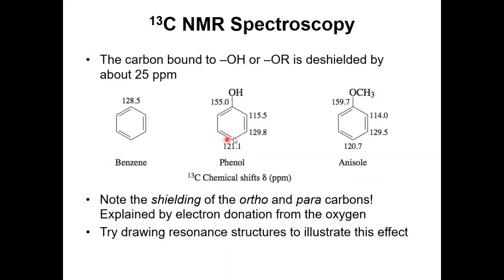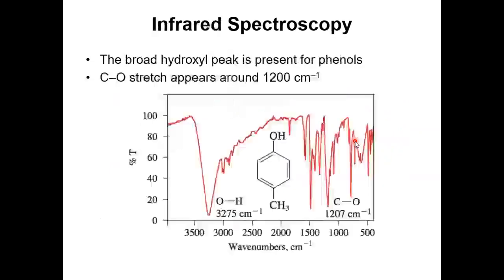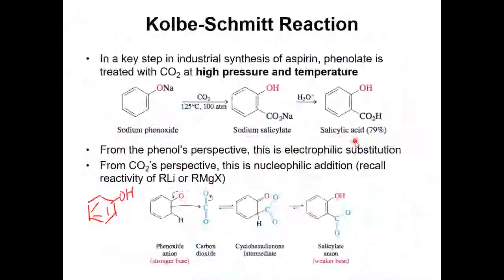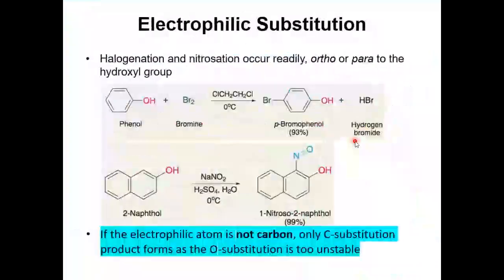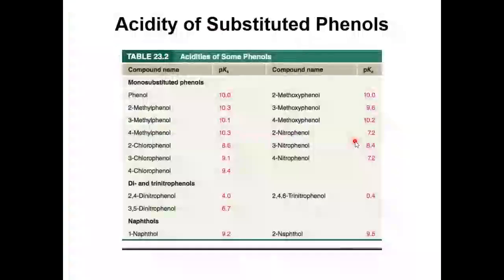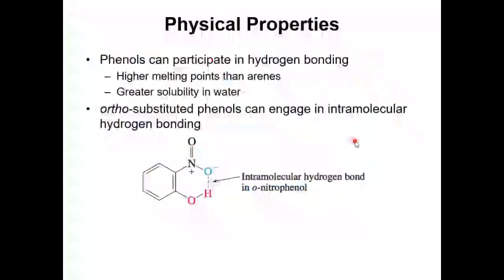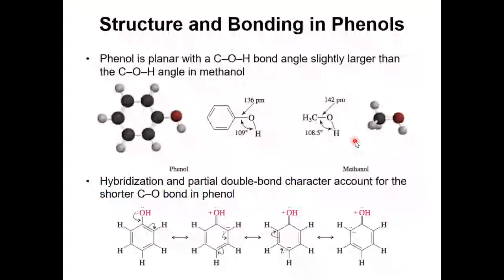And same thing, the para also lower than the meta. So a similar pattern is observed on this compound. It can be partially explained by the resonance form of the phenol.